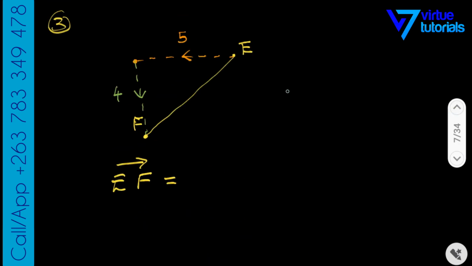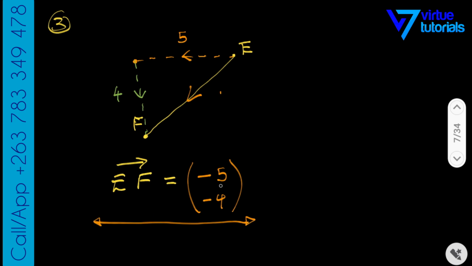Then we have the vector EF, movement from E to F. If you're going to move from E to F, you're going to move 5 steps left and 4 steps down. So because it's left, I put a negative, and because it's down, I put a negative. So it's minus 5, minus 4. The vector EF is minus 5, minus 4, showing you 5 steps to the left and 4 steps downwards.